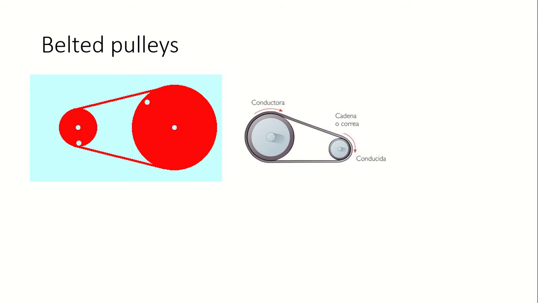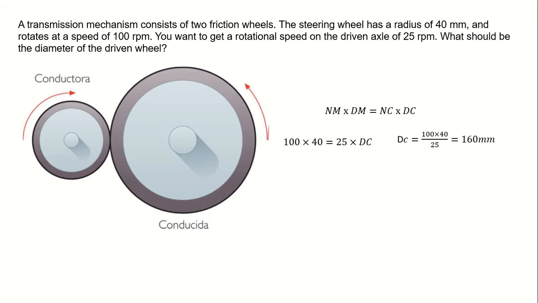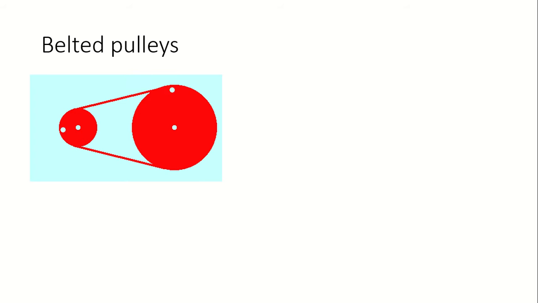Okay, as you can see, the difference between friction wheels and belted pulleys is obviously the strap or the belt, but also another difference, that is the directions of the wheels. In friction wheels they are opposite, but in belted pulleys they are the same, going to the same side.